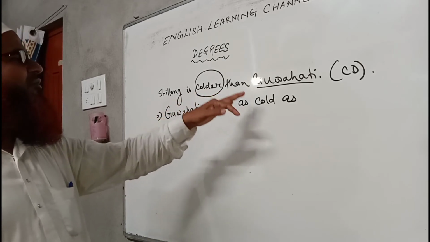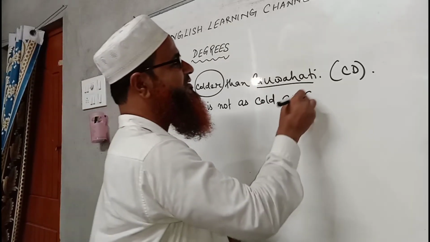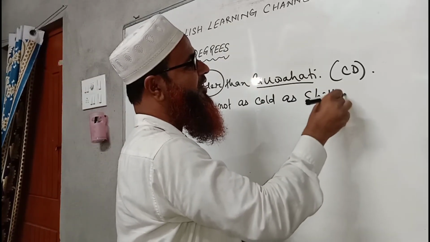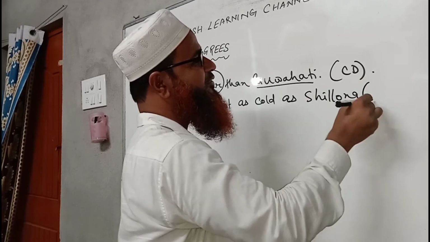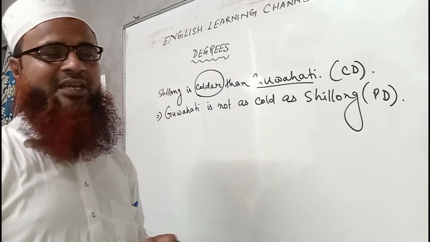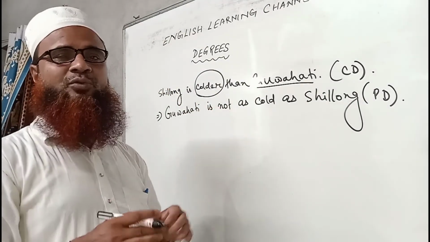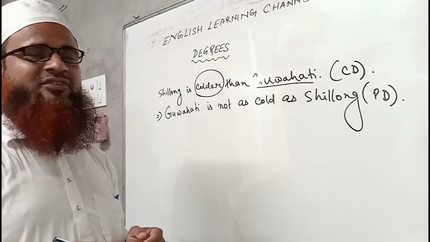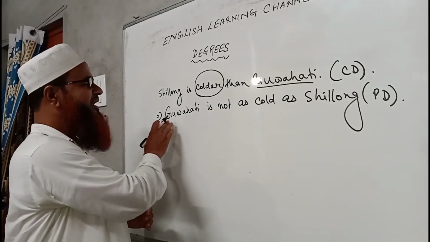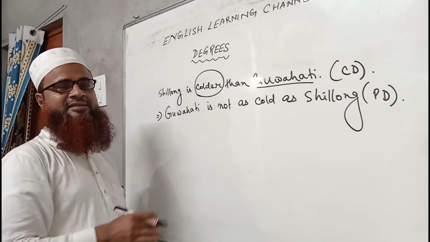Shillong is colder than Guwahati. So: Guwahati is not as cold as Shillong. The change has been done into positive degree, but the meaning has remained the same. It is true that Shillong is colder than Guwahati, and though we have changed it into positive degree by writing Guwahati is not as cold as Shillong, the meaning is the same.